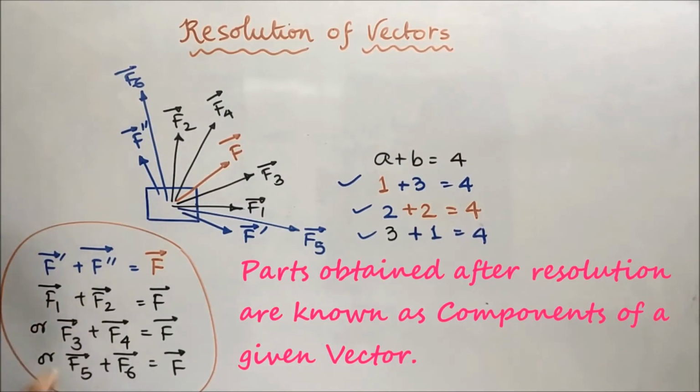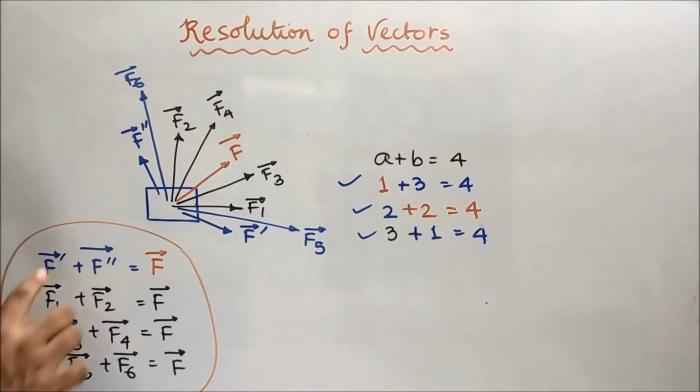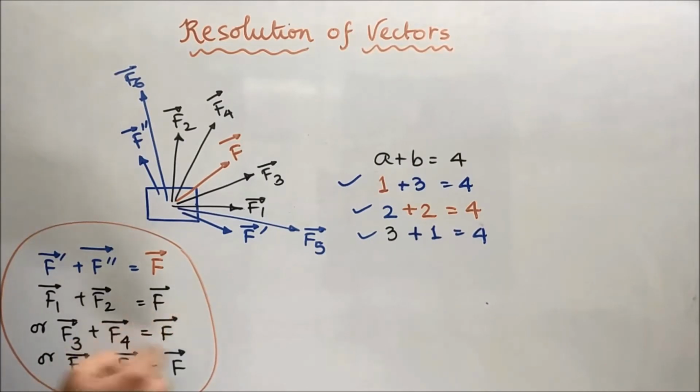So F1, F2 are components of F; F dash, F double dash are also components of F; F3, F4 are components of F, and writing F as F3 plus F4, that is resolution. Writing F as F5 plus F6 is also a resolution, where F5 and F6 are components of F.